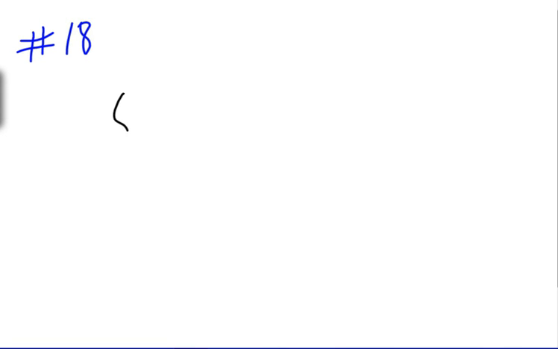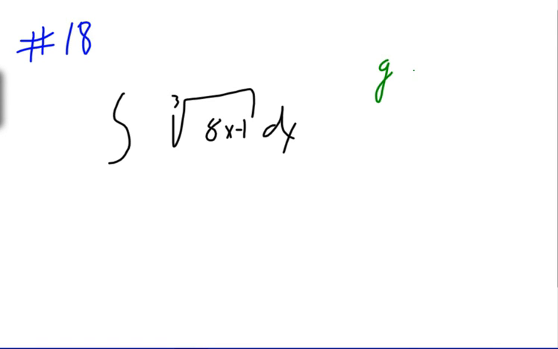Okay, so I got the integral of the third root of 8x minus 1 dx. I'm going to guess, and this is a guess, that the form has to be (8x minus 1) to the 4/3. Why 4/3?